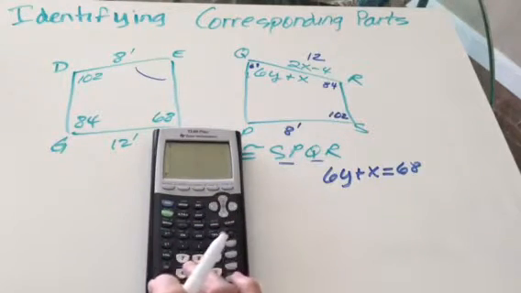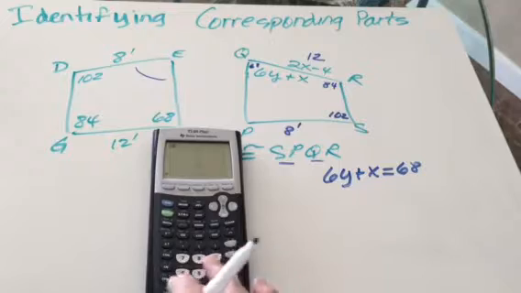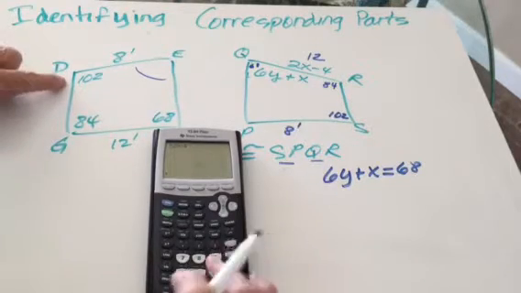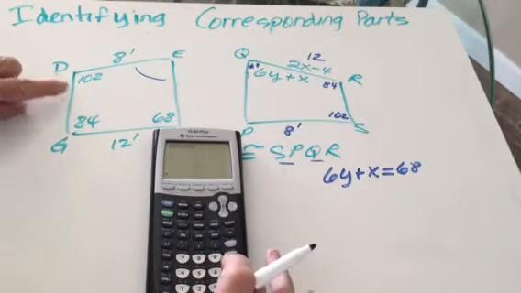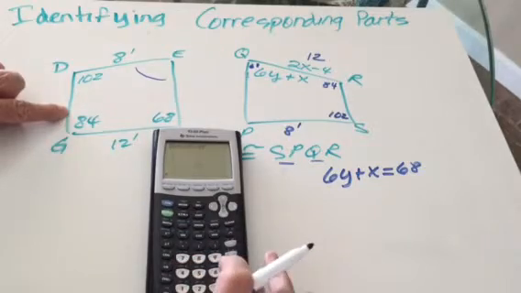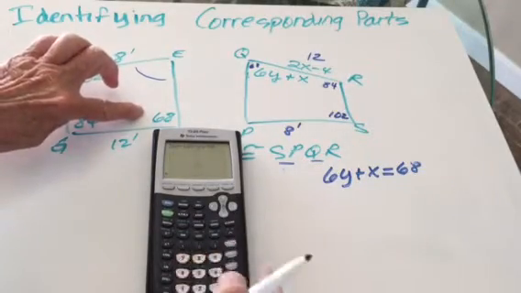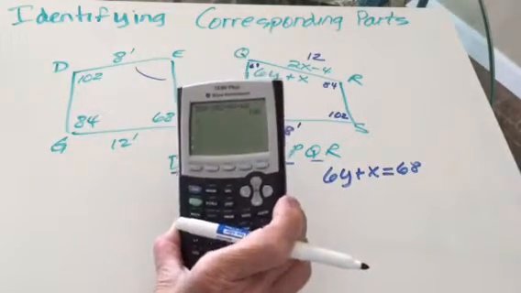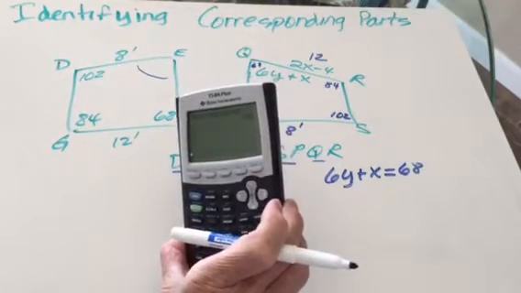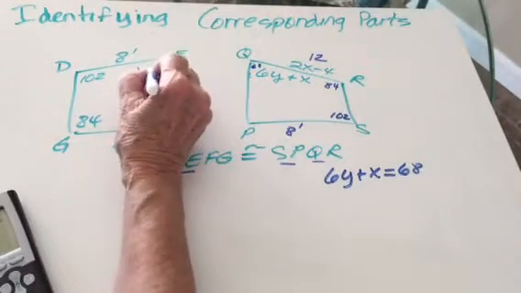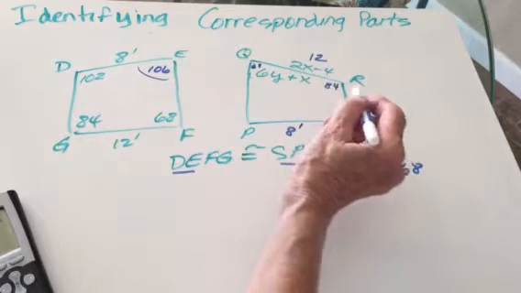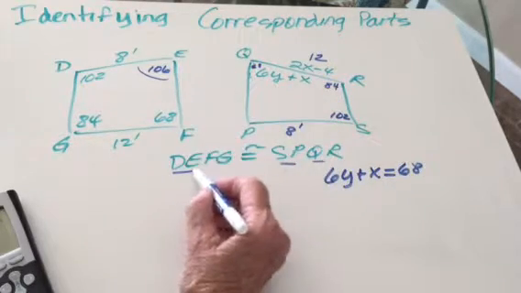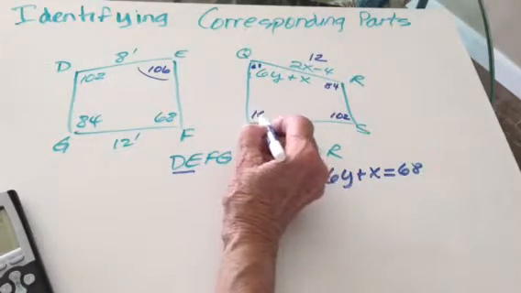On the calculator, I'm going to go 360, take away 102, take away 84, and take away 68. And what does that equal? 106. All right, so then this is 106. So E goes with P, so this is 106.